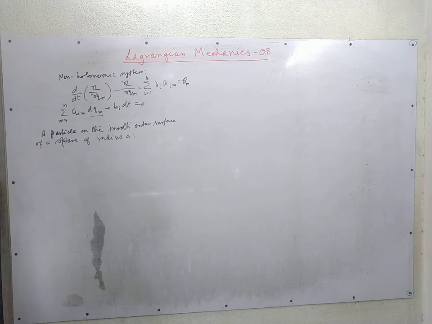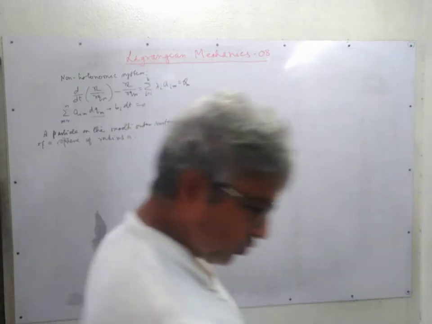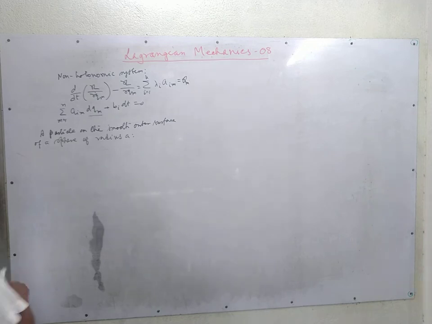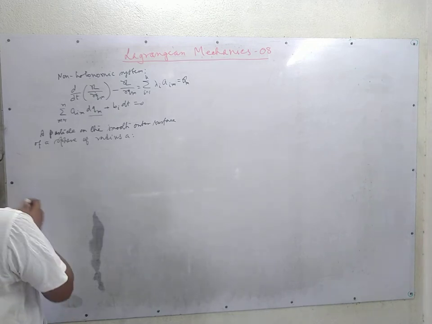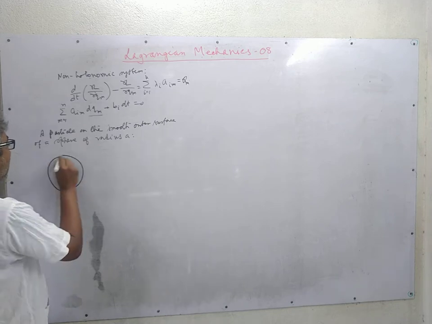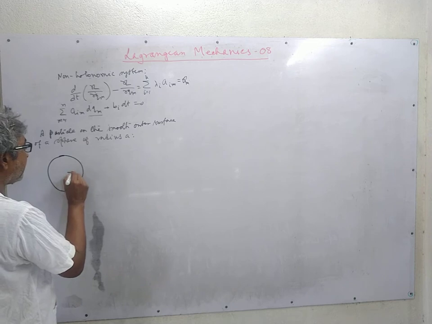So this is the problem. We have a particle of mass m which is moving on the outer surface of a sphere of radius a.